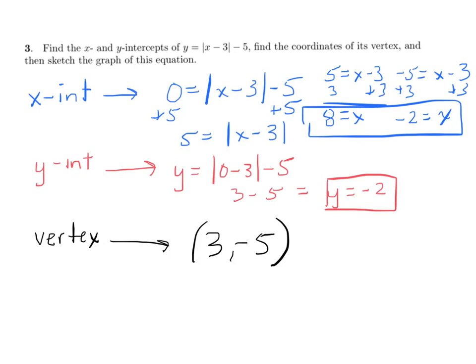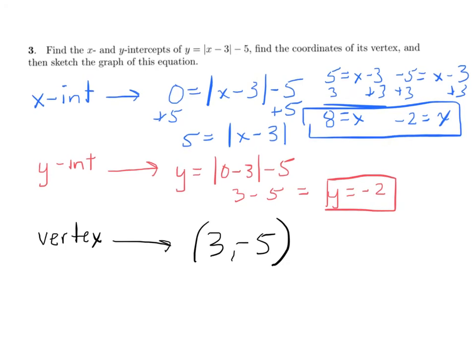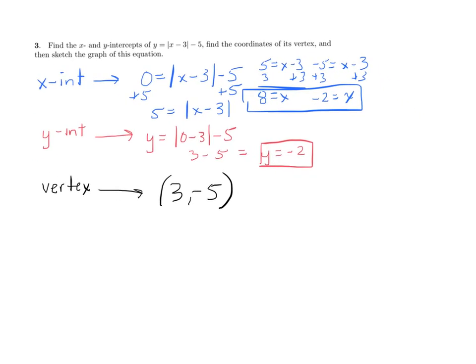Okay? So now, I want you to sketch the graph of this equation. You don't need a calculator to do this. You have all the information to plot some points. You already know it's a V shape. And again, it's just a sketch. It doesn't have to be perfect, as long as you label these points.